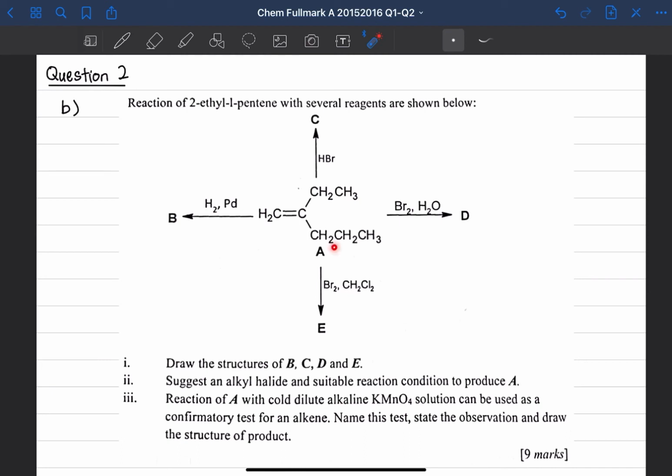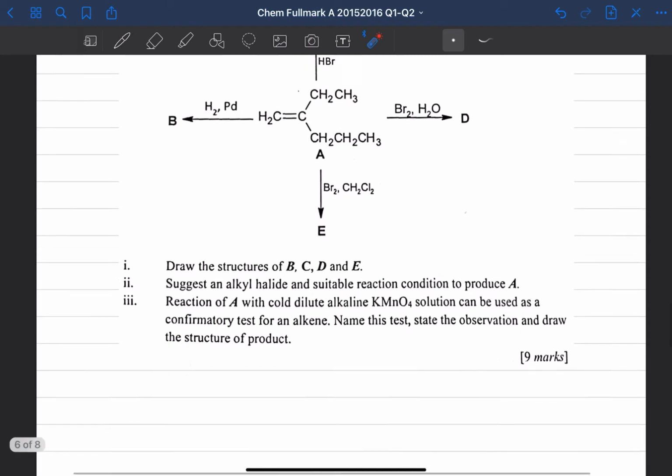When A reacts with hydrogen using palladium as catalyst, you have B. When A reacts with HBr, you have C. A with bromine and water, you have D. And A reacts with bromine in dichloromethane, you have E. So draw the structure of B, C, D, and E.